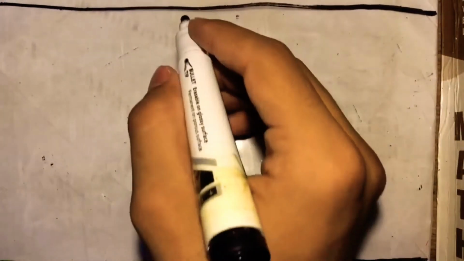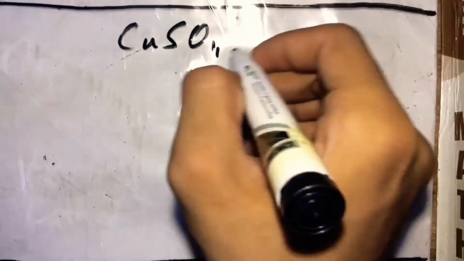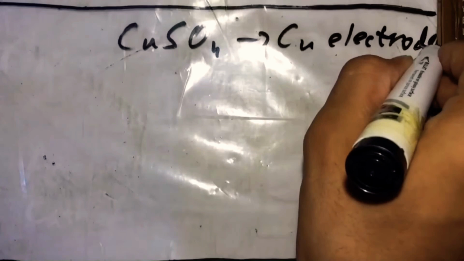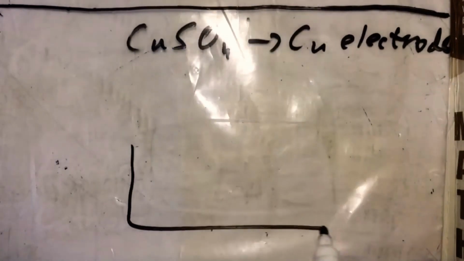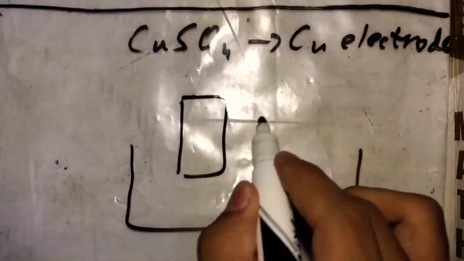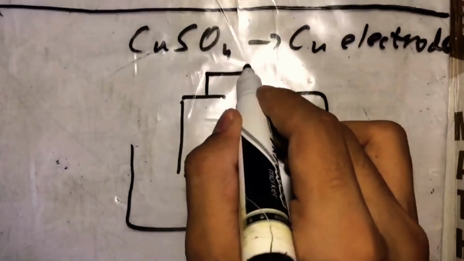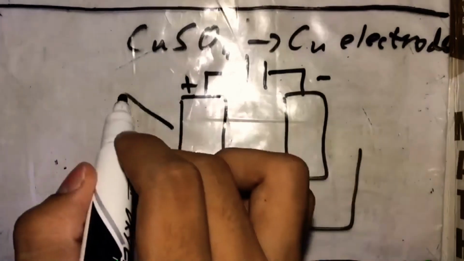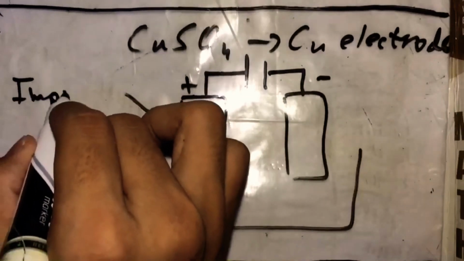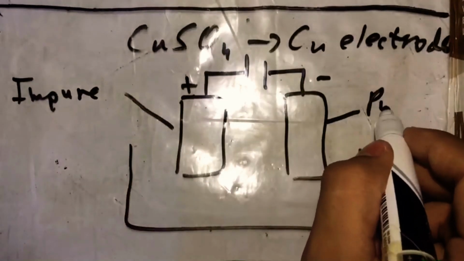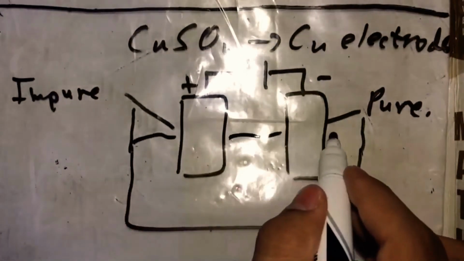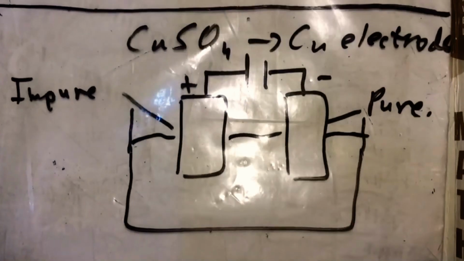Now for electrolysis of copper 2 sulfate using copper electrodes. This is also called electro refining. In this case, the anode is impure copper and the cathode is pure copper. The electrolyte is copper 2 sulfate, aqueous.